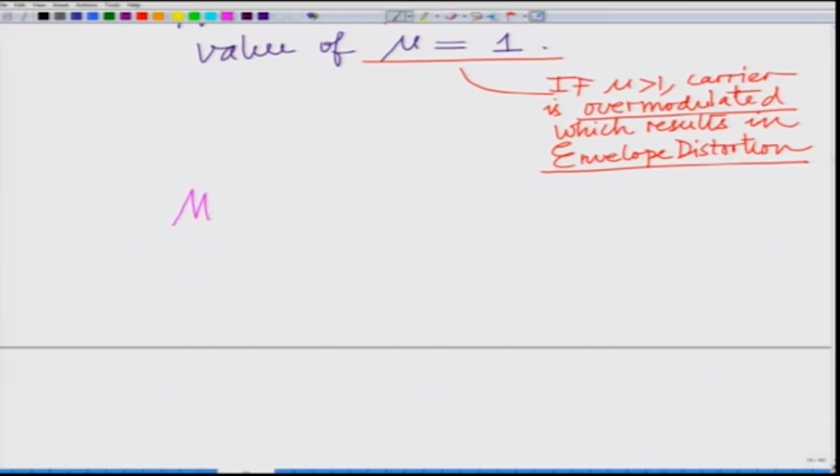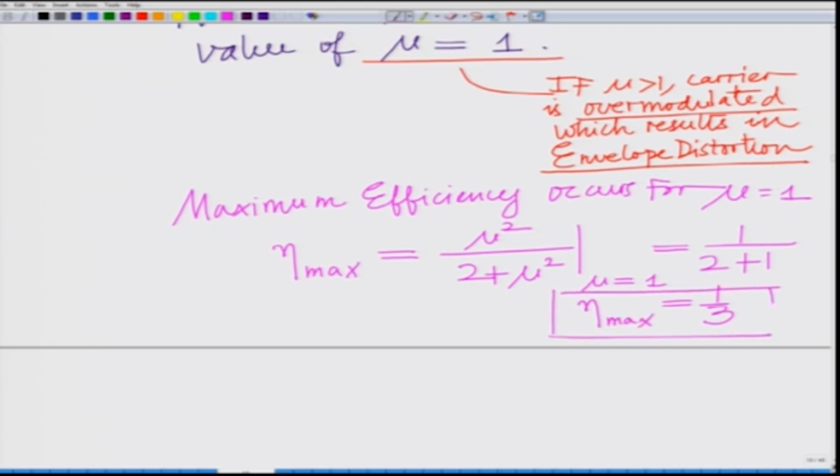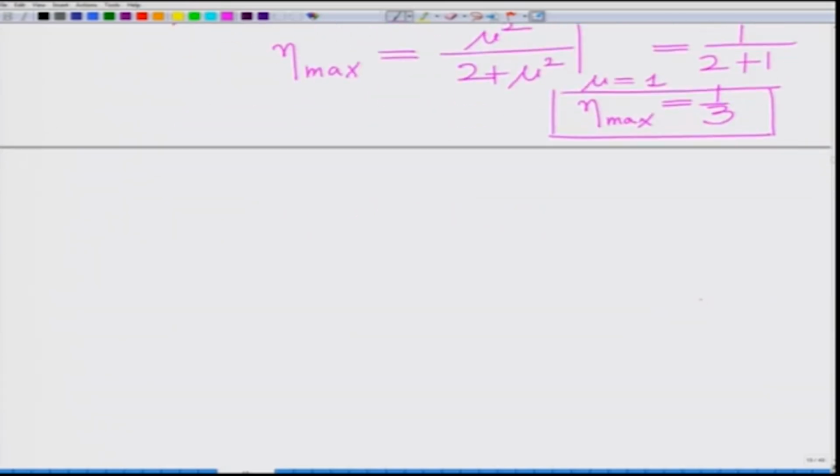Therefore, maximum efficiency occurs for mu equal to 1, which means eta max equals mu squared by 2 plus mu squared evaluated at mu equal to 1, which is 1 by 2 plus 1, which is 1 over 3.